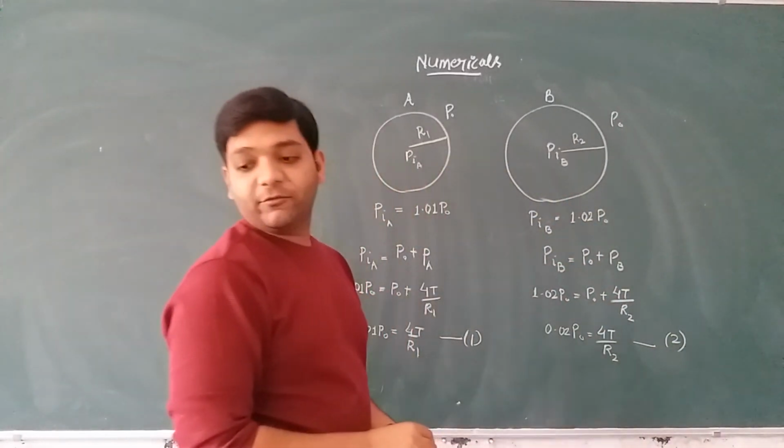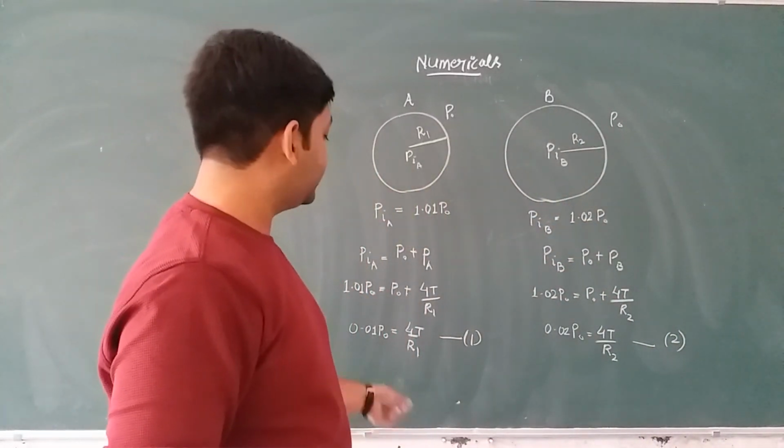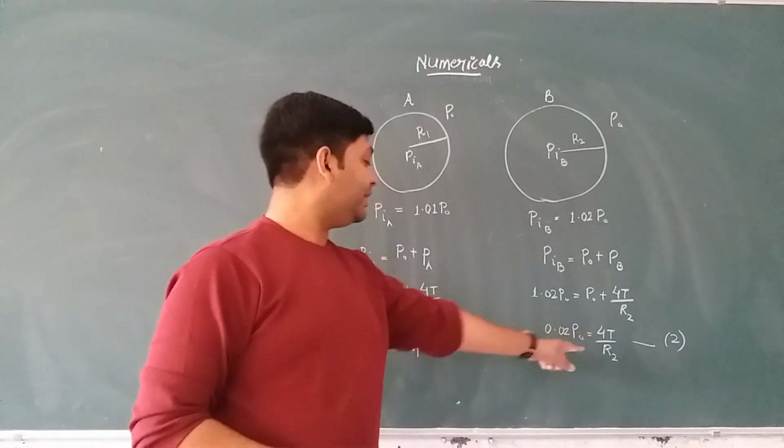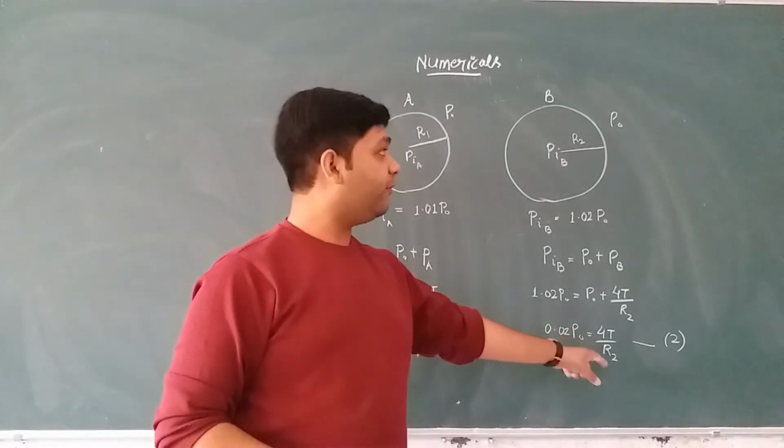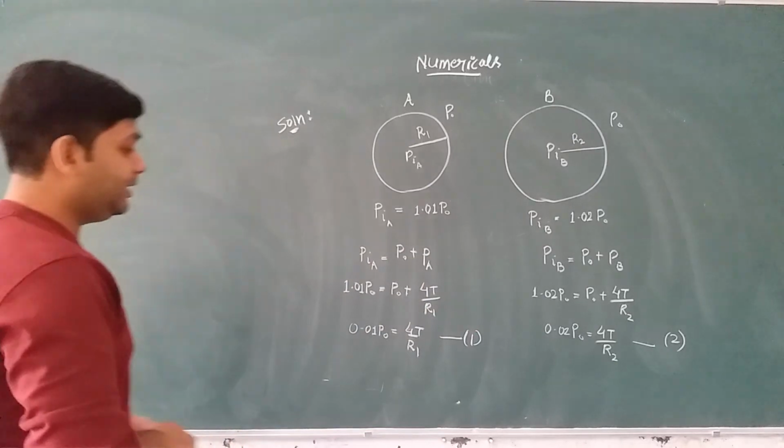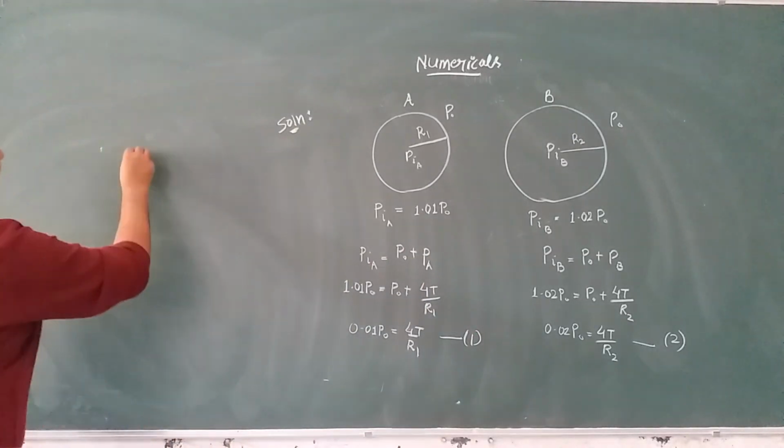Now since we have to calculate the ratio of their volumes, from these two equations we can calculate the ratio of their radii.